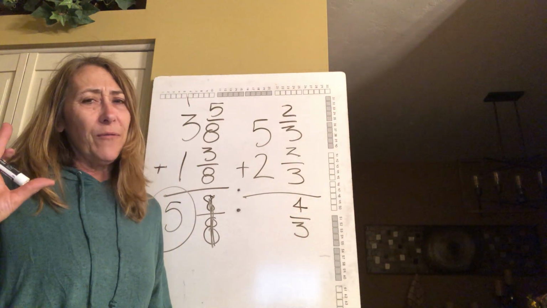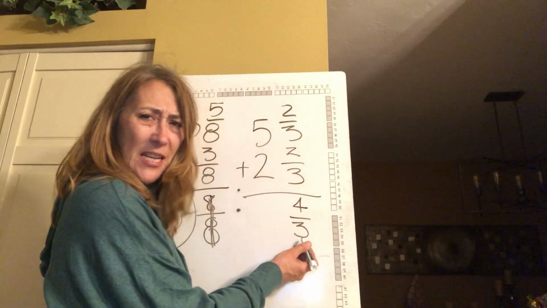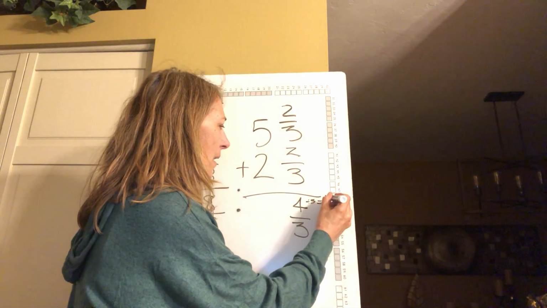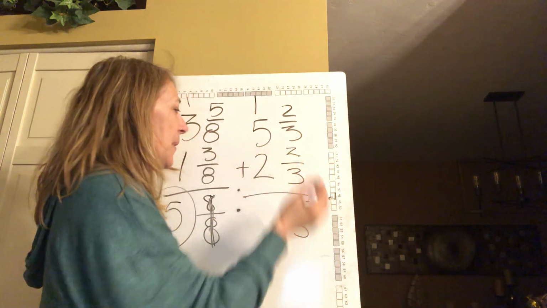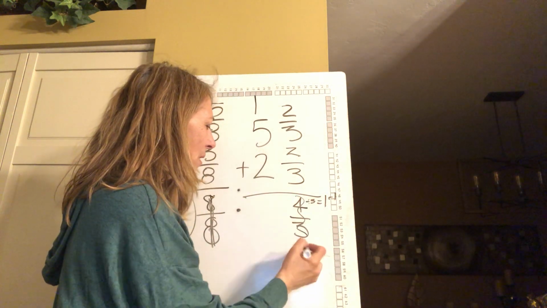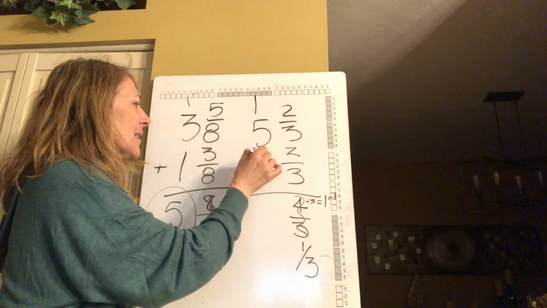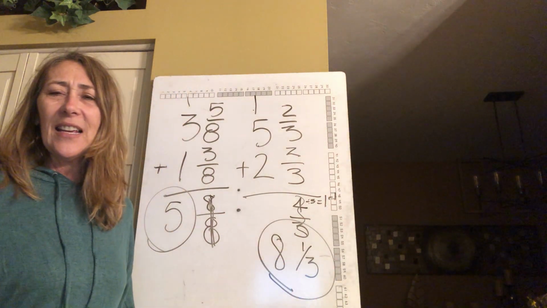Whoa, right there, 4/3, fraction greater than a whole. How many do I need to make a whole? 3. 4 divided by 3 equals 1, remainder 1. I can take that 1 and put it up here. My 1 remainder is 1/3. So I have 5, 6, 7, 8. 8 1/3.